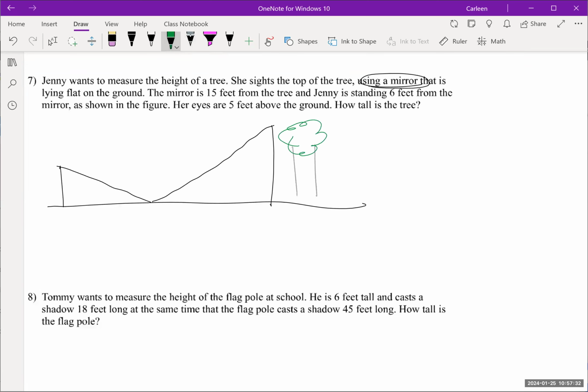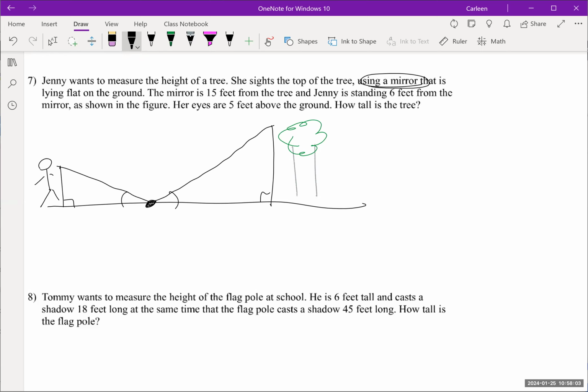Such a good artist. Okay, and here's Jenny. So Jenny looks at the mirror and sees the reflection. Now in science, you will learn that the angle of incidence is congruent to the angle of reflection, I believe is the word. And then these are right angles. So we know the triangles are similar by angle-angle similarity.